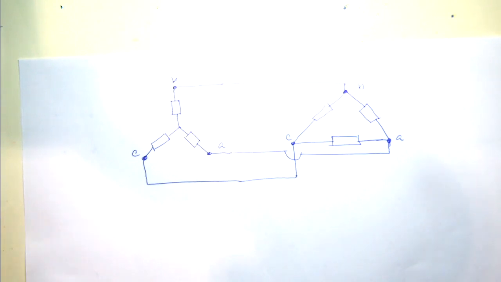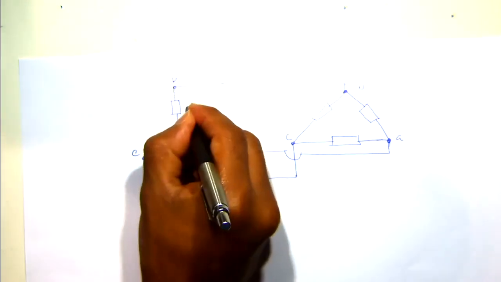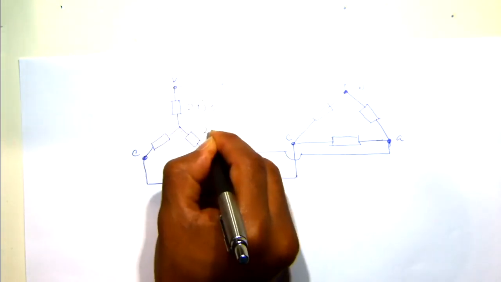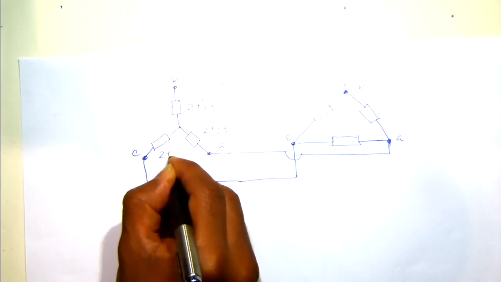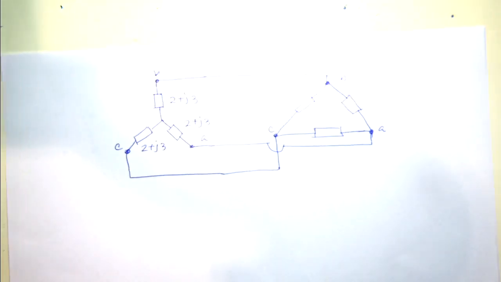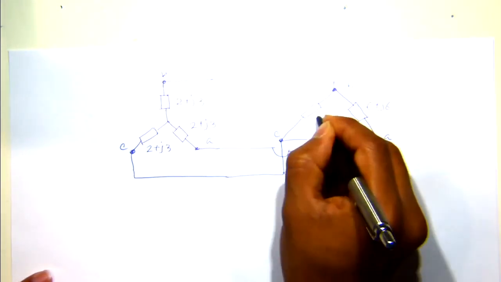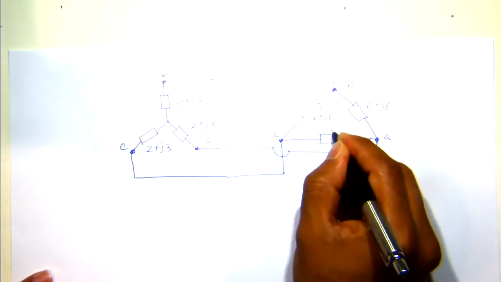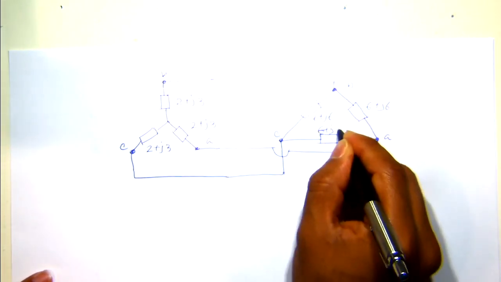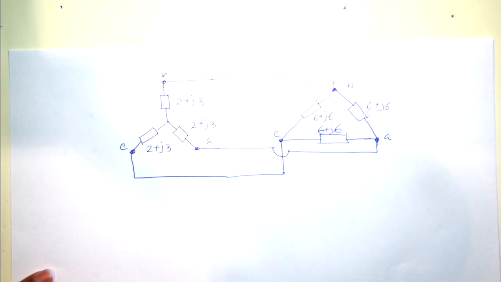So they are connected like this. And then the value here is 2 plus J3 for each of these, and then 6 plus J6 for each of these. So they are connected in parallel.